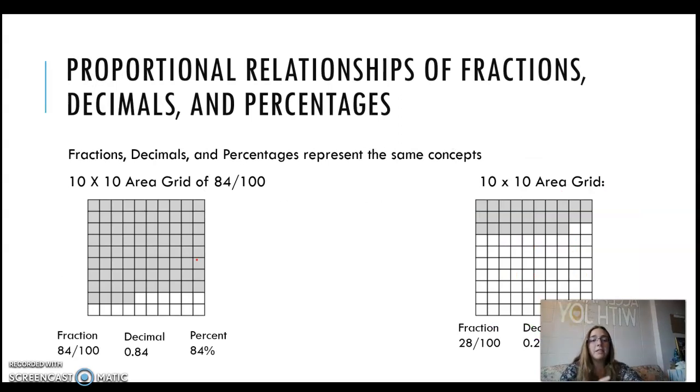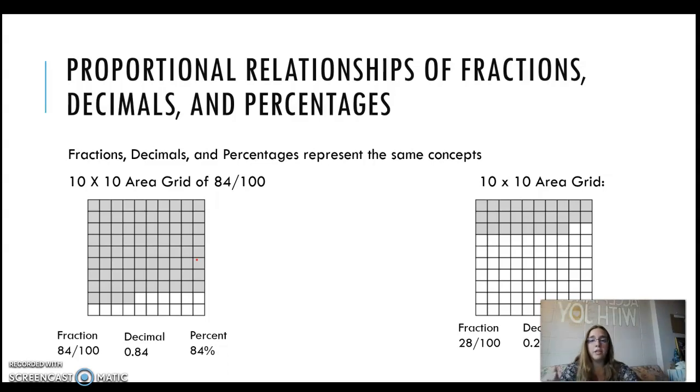As we have studied, we know the models used: 10 by 10 area grids, area models, and empty number lines. We've used these examples to compare and contrast whole number relationships. Now we're going to apply that knowledge to fractions, decimals, and percentages.